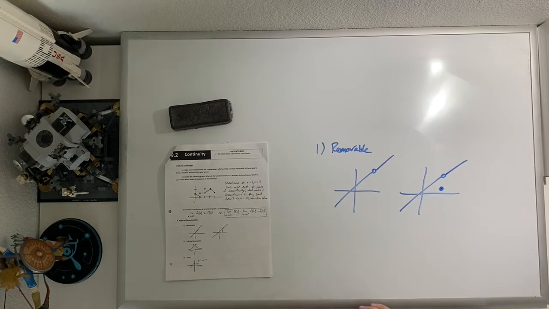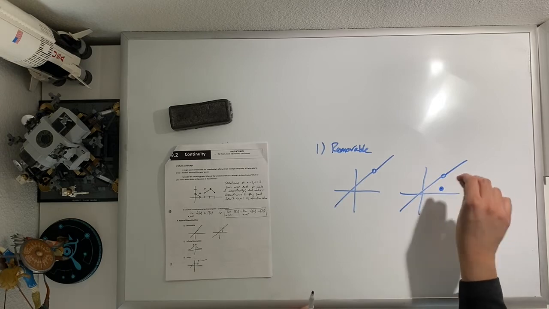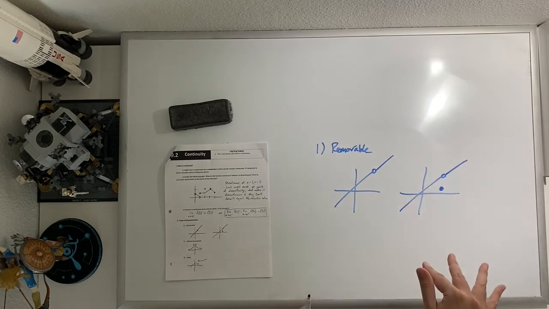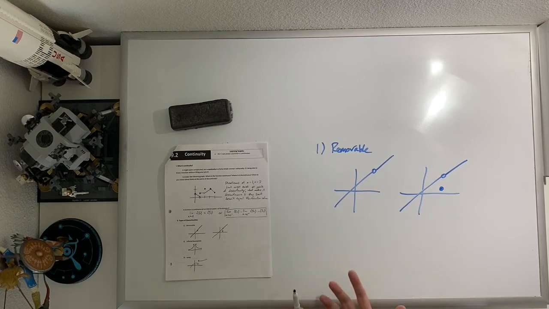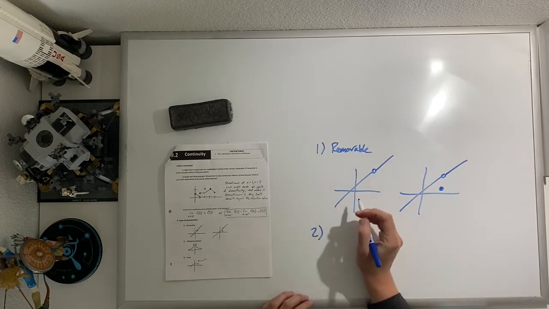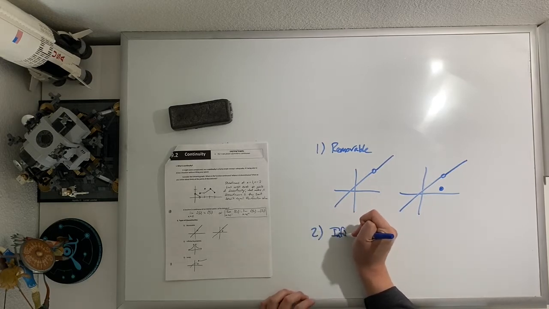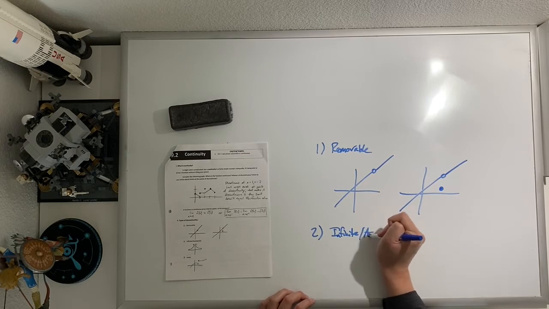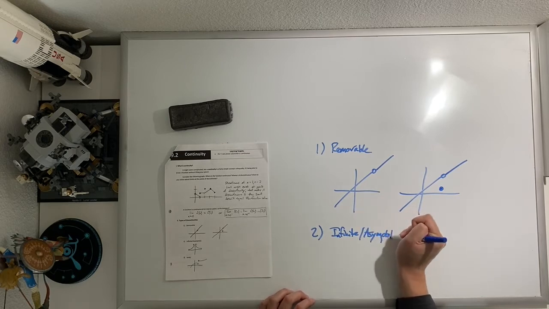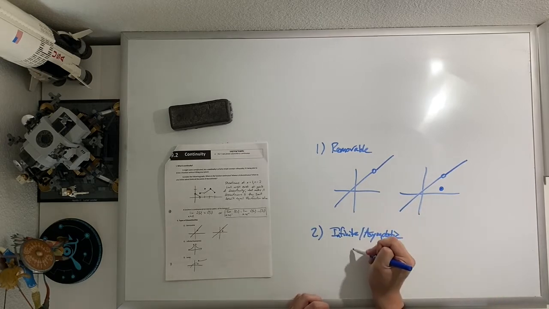We call it removable because it would be possible to remove the discontinuity if we take that function value and just fill in the hole. We would do that with a piecewise function, hence removable. The second is known as an infinite or asymptotic discontinuity.